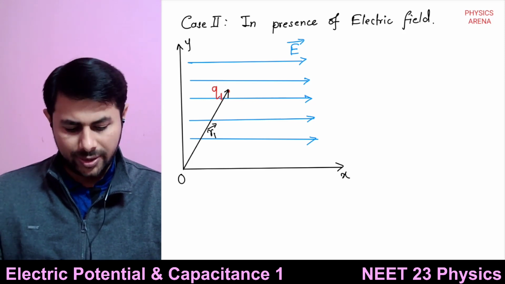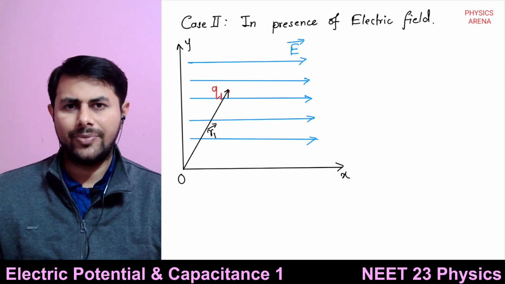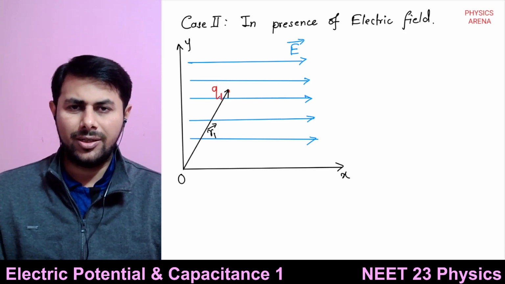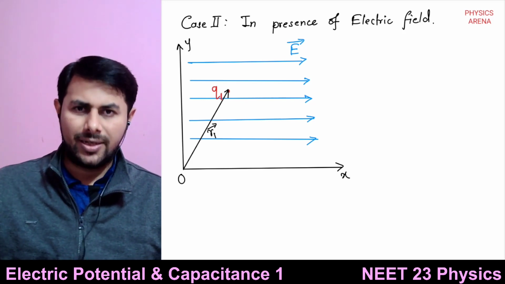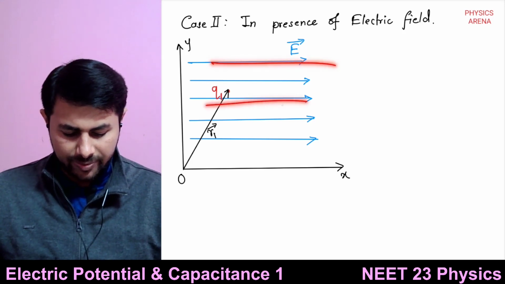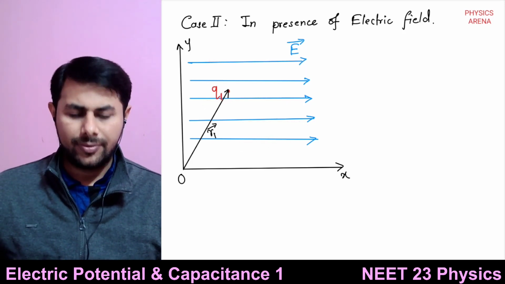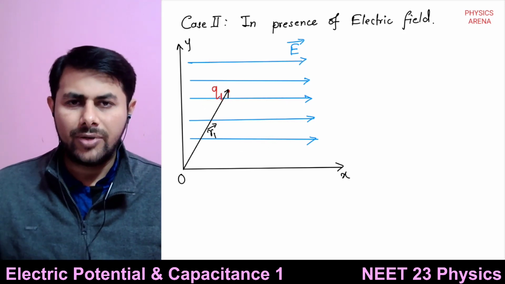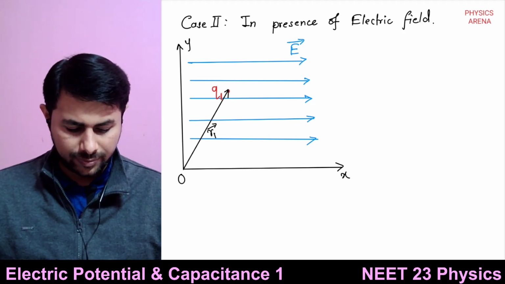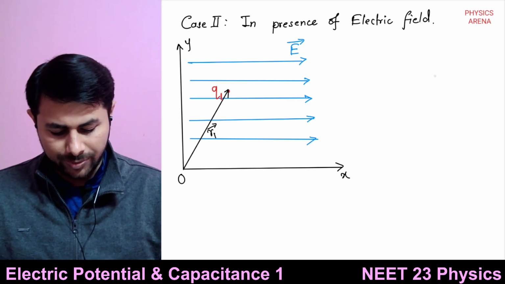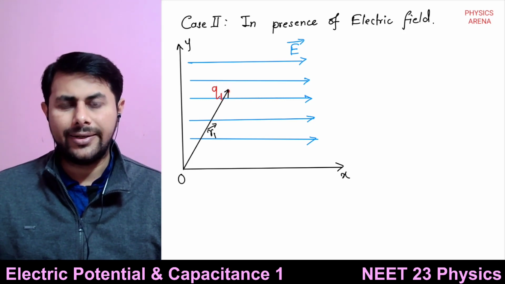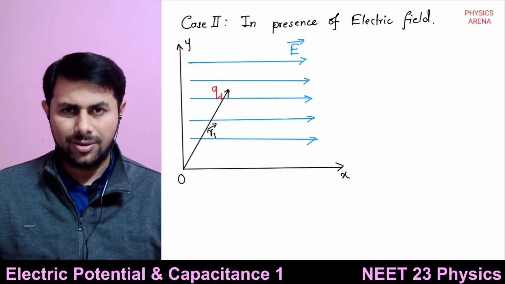Right, there will be some work done because this electric field is produced by some charges which may not be here in this part of the space. They are somewhere else, but their electric field is present here. So this electric field will oppose the motion of this charge. So when you are bringing this charge from infinity till this point, there will be some work done against this electric field.